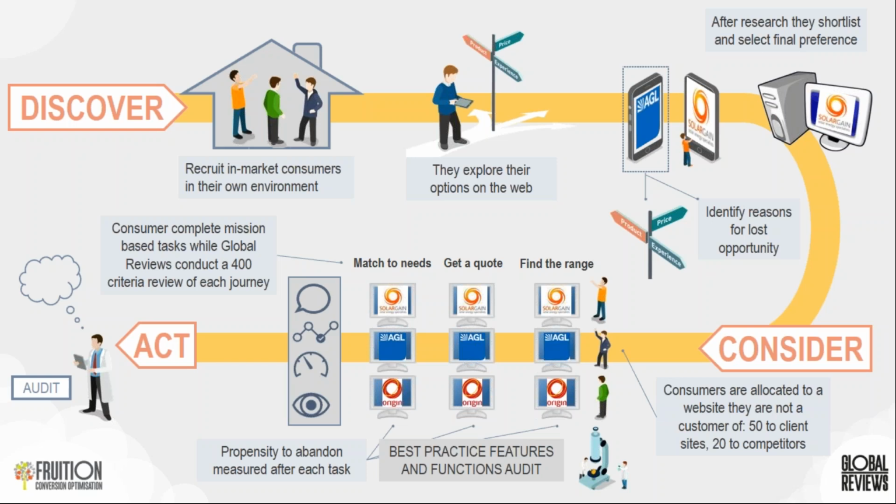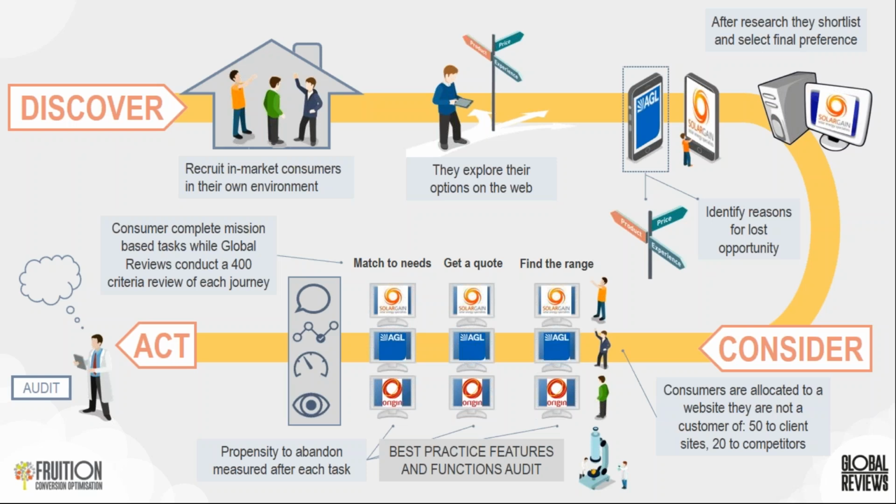While that's happening, we're also conducting a best practice audit, and this is usually over 400 binary criteria, so yes, no options. And then we also do an expert review. These three layers together form a very robust methodology for uncovering things that are going on with the website, and these are related back to what has come out of the discover phase.